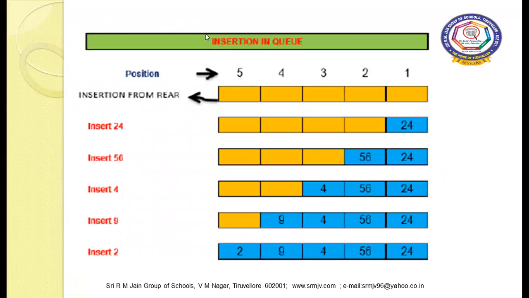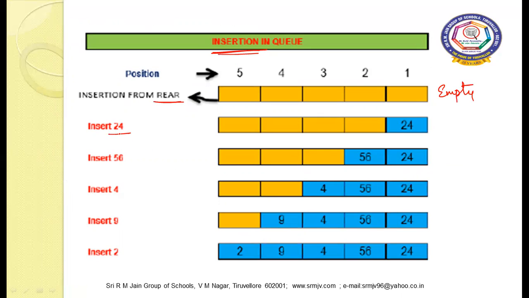Here, we have two operations based on the queue. One is insertion, the other is deletion. Insertion will always be done from the rear end. Initially the queue is empty and we try to insert elements into the queue.